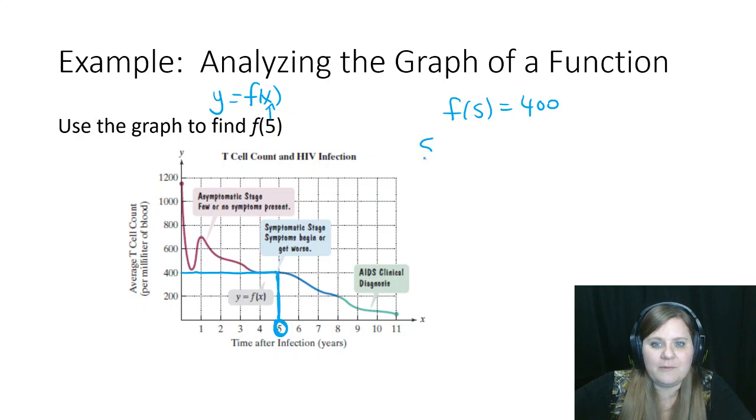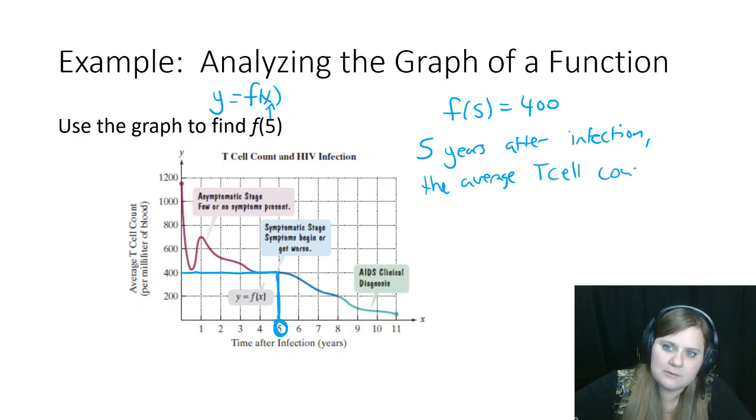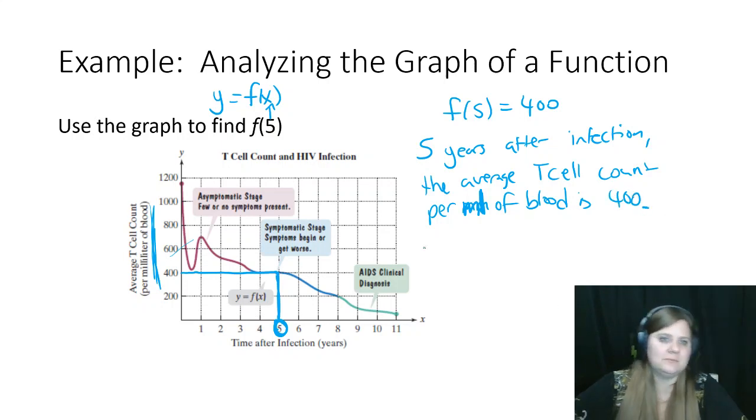We're going to say 5 years after infection, the average T cell count per milliliter of blood is 400. There you go. That's a sentence that explains what f of 5 means and what its value is.